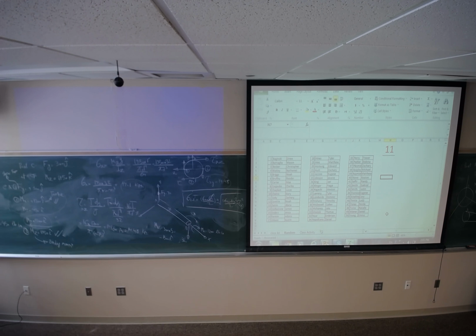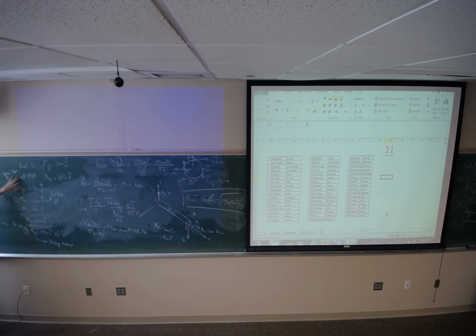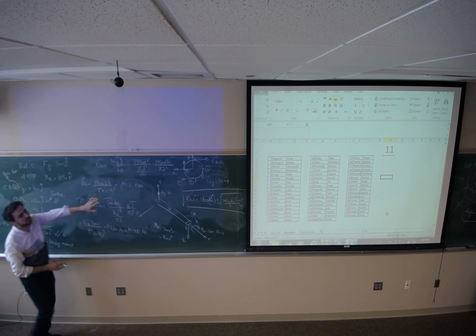Okay, what do you think? Again, the moment and force are not changing over the cross section.